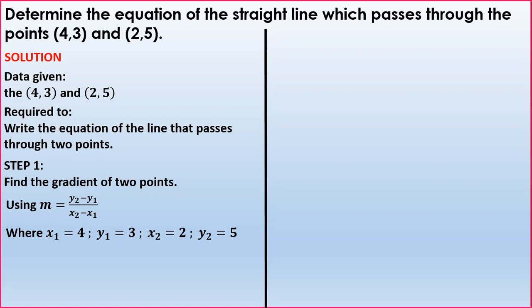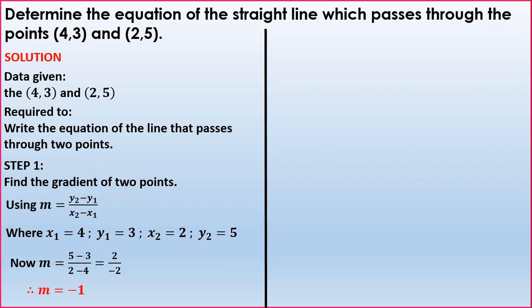Let us substitute these values into our equation. Now we have m is equal to 5 minus 3 all divided by 2 minus 4, which is equal to 2 divided by negative 2. Therefore, my gradient is negative 1.